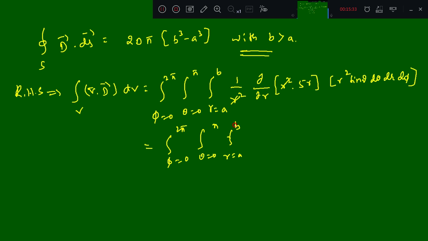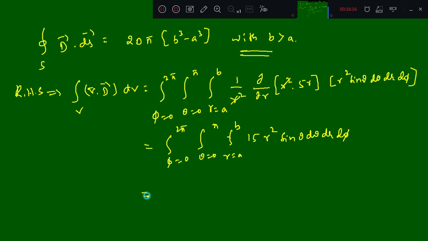Next, 5r into r square is r cube. The differentiation of r cube is 3 r square, so 3 into 5 is 15 r square into sin theta d theta dr d phi.